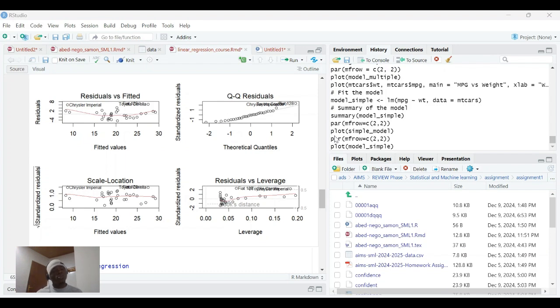The second one shows us the QQ plot. The objective is to check the normality of the residuals. If the residuals are normal, the points follow a straight line, which suggests that the residuals follow a normal distribution.